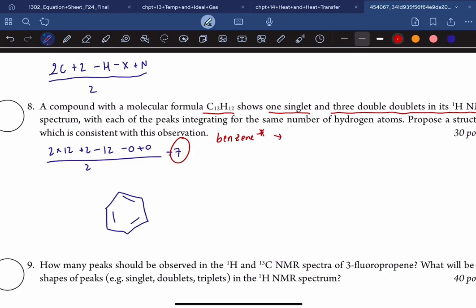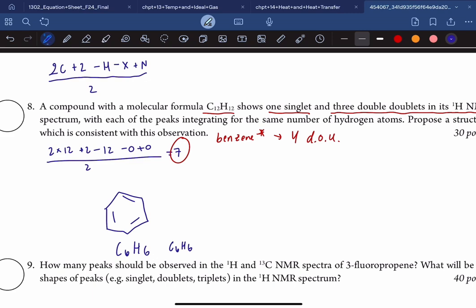It's 4 degrees of unsaturation. So now we've got to add in some other groups to make it C12H12. Right now we're at C6, 1, 2, 3, 4, 5, 6, H6. So we need to add in more C6H6.